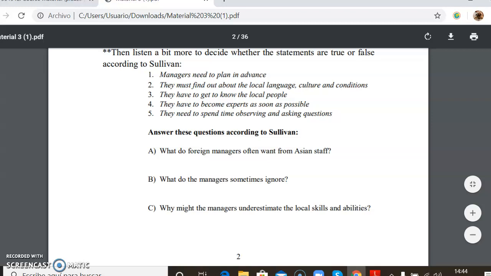I think they sometimes ignore the background, the education, and the cultural differences between themselves and their staff. They may underestimate the skills and the abilities of their local staff because they are focusing too much on their weaknesses. The managers have a tendency to jump to conclusions too quickly, and they tend to label all the local staff as being the same.